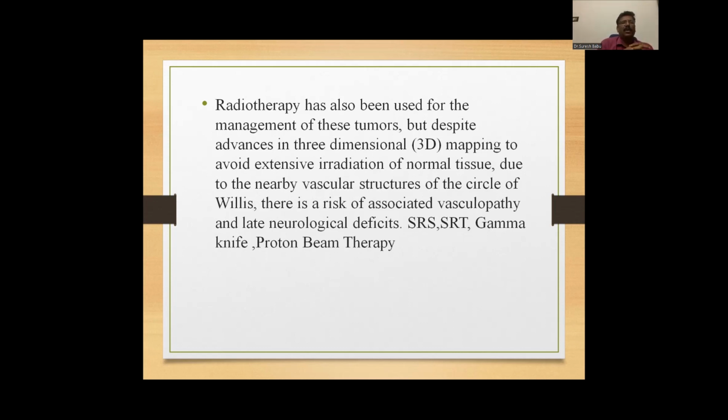Whereas in stereotactic radiotherapy, it is given in fractionated doses. Gamma knife uses cobalt to give radiation. Proton beam therapy uses protons. So recently they are using all these radiotherapeutic measures for the regression of the tumor.